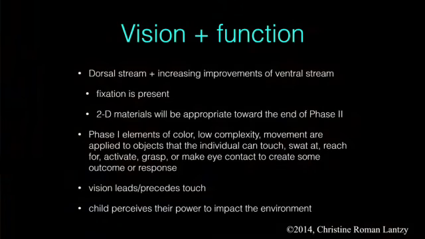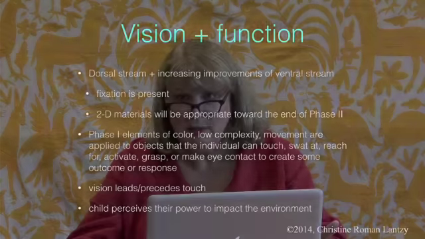In Phase 2, some important things happen, including the introduction of two-dimensional materials. 2D materials will be appropriate toward the end of Phase 2. A very important principle for intervention: many people have a misunderstanding about when 2D materials can be introduced. Generally, they exist after a child has stable responses with 3D materials.